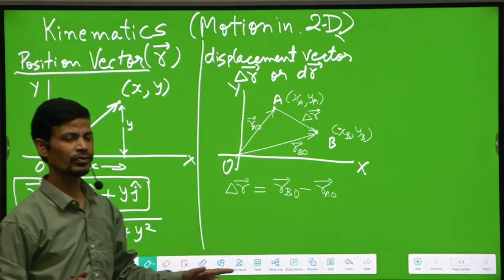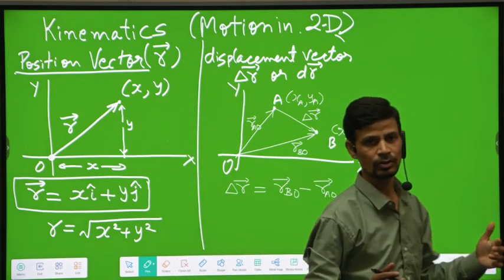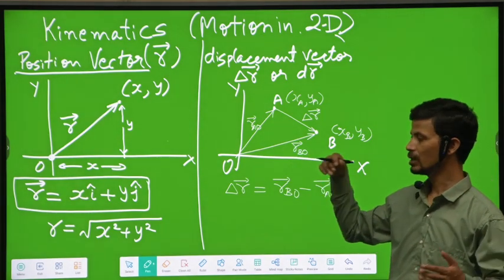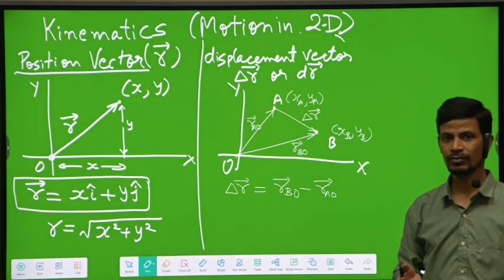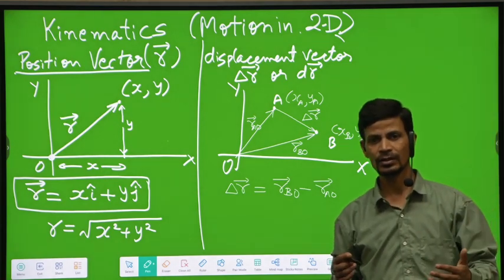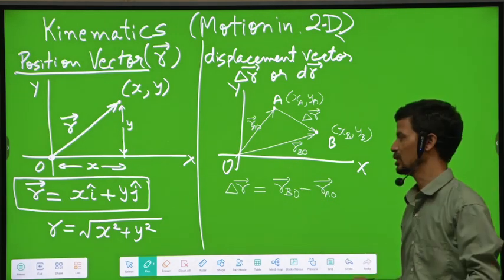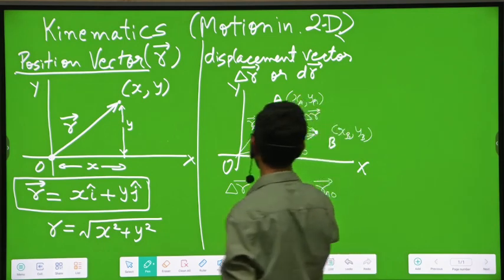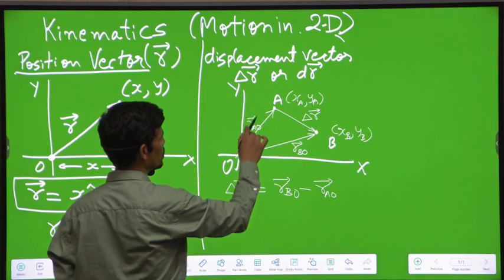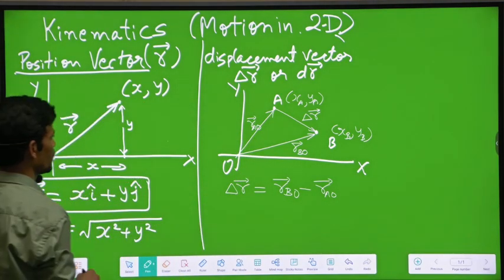So don't get confused, just keep the symbols in your mind, because in the exam they are not going to give you such confusing terms. They will explain what their symbols represent, what the subscripts show with respect to what. So it will be explained in the question itself. I'm taking rAO to mean the position of A with respect to O, so I use this as a symbol.